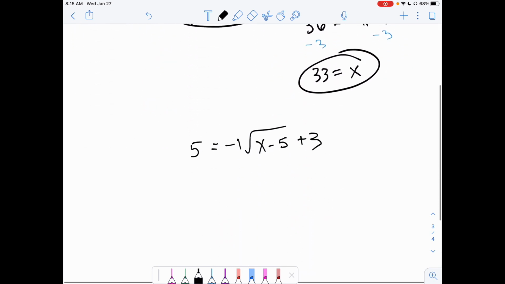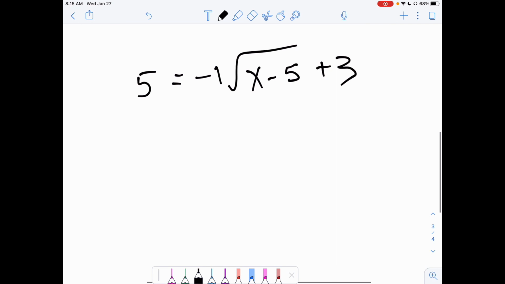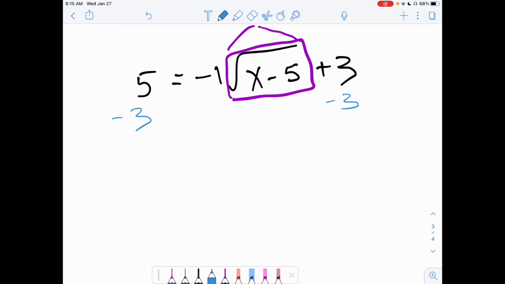Let's take a look at our last example. Once again, I'm drawing my house. I cannot touch what's in the house until I've gotten rid of what's outside of the house. So let me subtract 3 from both sides. Let me divide both sides by -1.